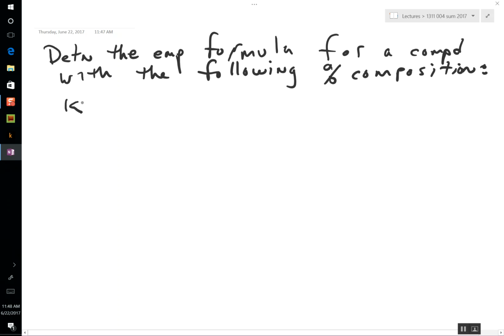It's made up of potassium, hydrogen, phosphorus, and oxygen. And I think I mentioned this on Tuesday.